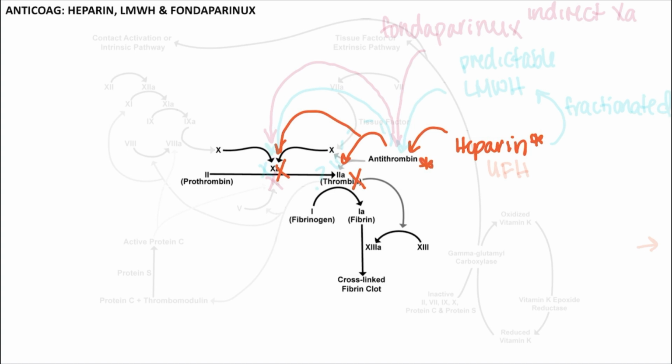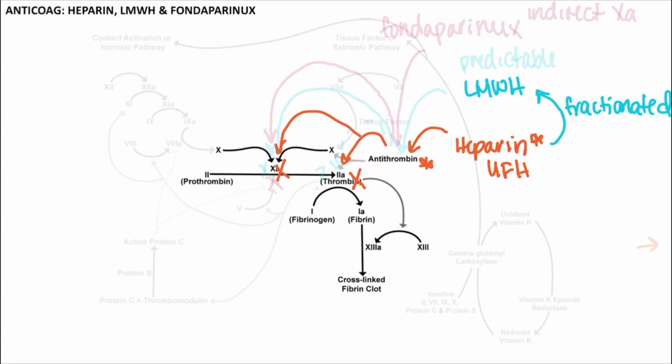Now, you will likely see this as unfractionated heparin, because remember, heparin is a mixture of polymers of varying lengths. But heparin can be fractionated to yield low molecular weight heparins, which are shorter heparin polymers and a pool of more uniform polymer lengths.